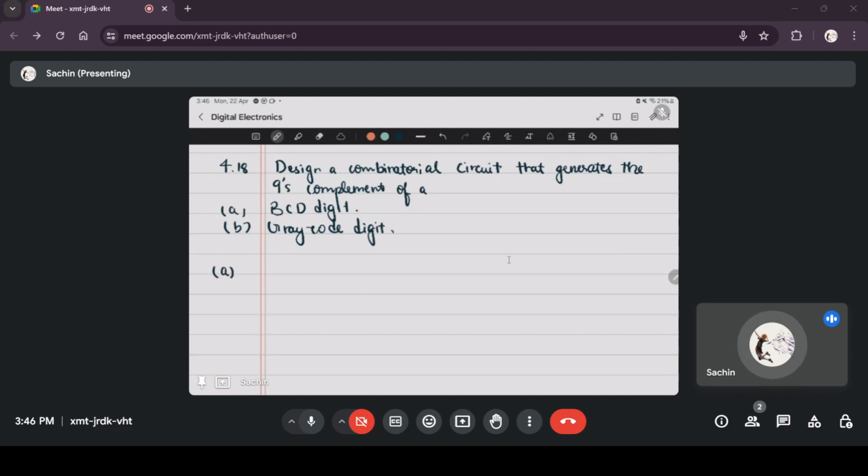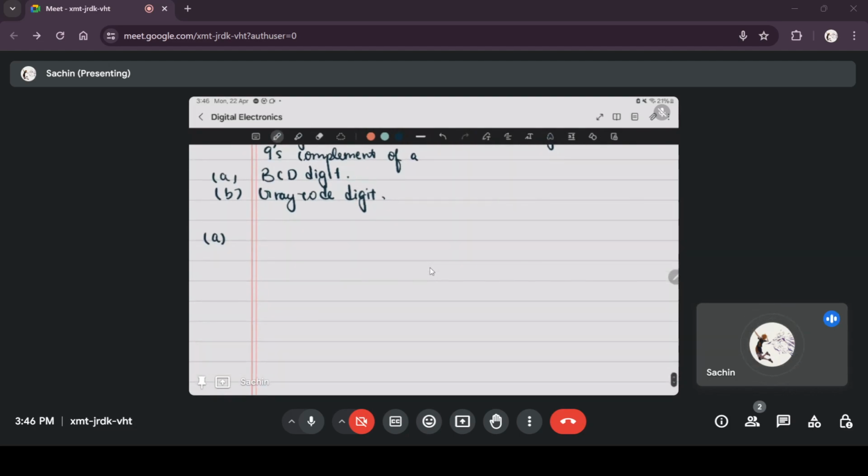We are asked to find the nines complement of a BCD digit and a gray code digit. Let us write down the truth table to find the nines complement of the BCD number.